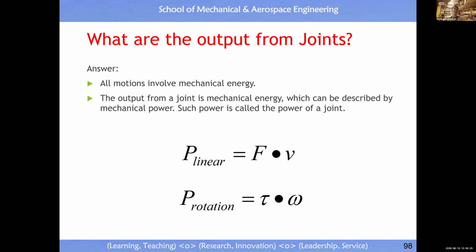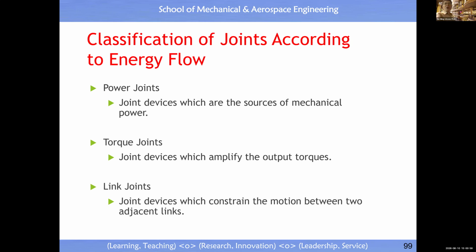Okay, so these are the concepts related to the joint: in terms of energy output, in terms of the type of motion, linear or angular, and in terms of the physical device which allows us to implement the joint. So we have a link joint, torque joint, and power joint. Okay, so this covers the full understanding about the joint.